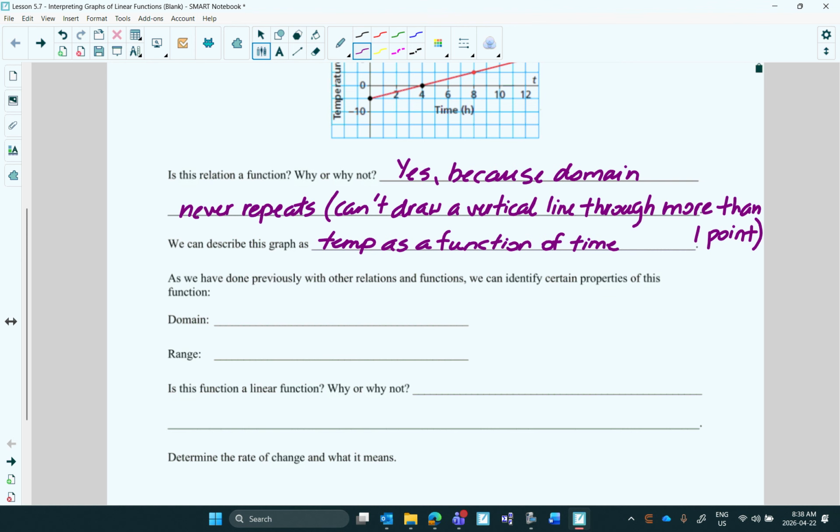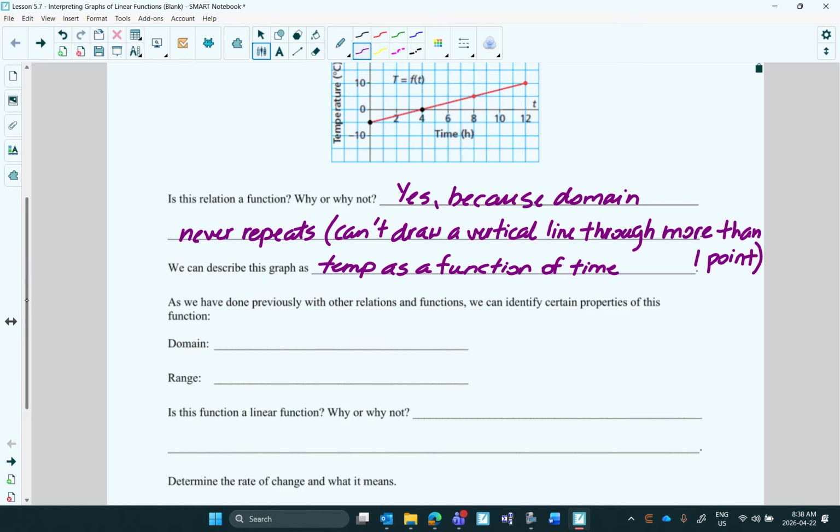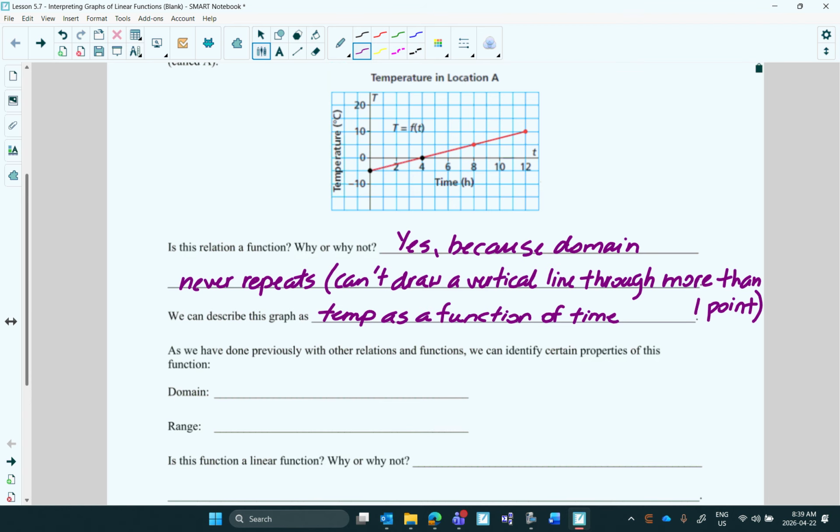Something that we've already done is how to find the domain and range. What's the domain of this function? Remember, domain is left to right, left x value to right x value. 0 to 12.